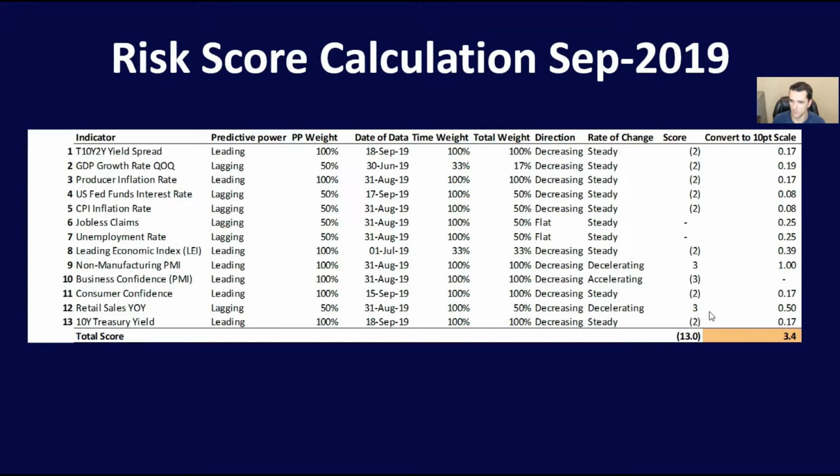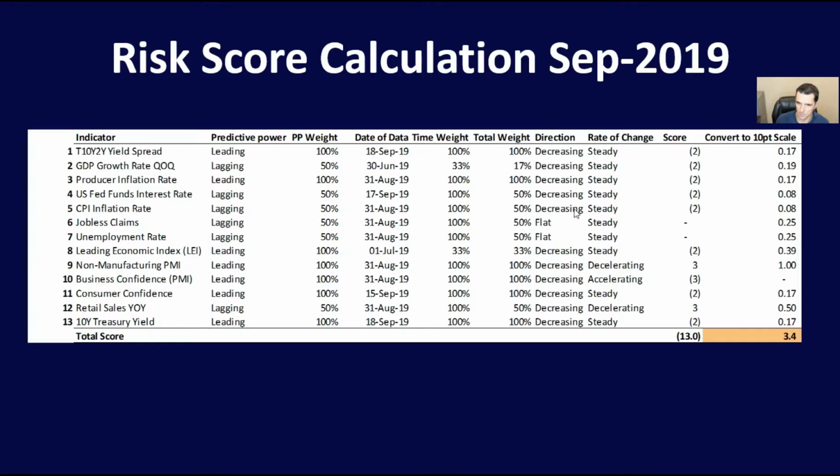So you can see that those two have certainly turned the tide, with non-manufacturing PMI being a leading indicator. That gives it a score of 1, so definitely the largest weighting in my list. Next, of course, is retail sales, which is actually a lagging indicator, so it doesn't get quite as much power, but versus every other indicator, it's still a contributing factor here.